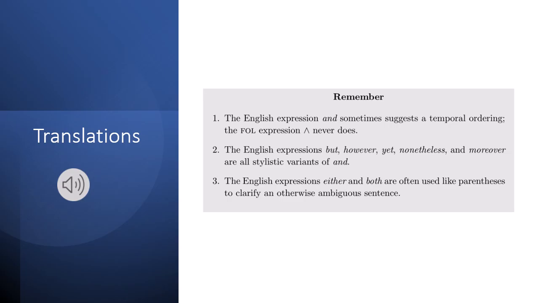And here we'll use the English expressions "either or", so the either part, and the expression "both something and something else", so the both and, to basically work like parentheses, telling you where the conjunction starts off in the sentence or the disjunction starts off in the sentence. If it wasn't there, it otherwise might be ambiguous as to what the meaning of the sentence is. Like it's not quite clear. So the either puts in this nice parenthesis.